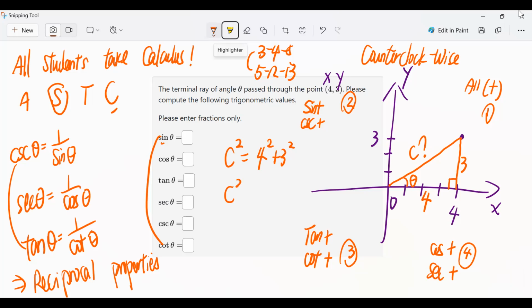So here C squared equals 16 plus 9, which is 25. C squared equals 25. C equals square root of 25. C is 5. That means C is 5 units. Okay, C equals 5. Now we can do sine, right? Sine of this angle theta will be the opposite 3 over the hypotenuse 5.